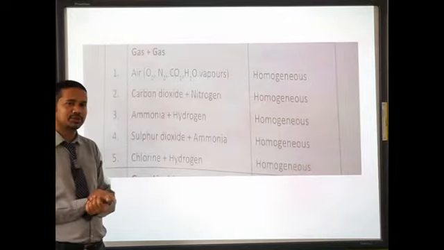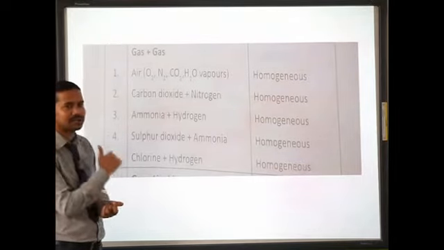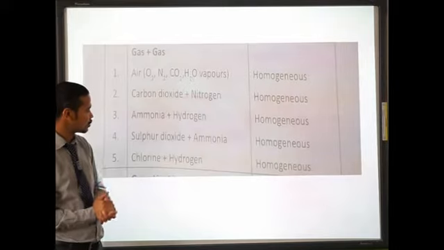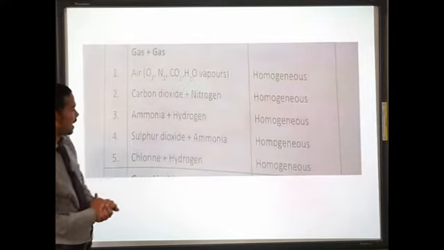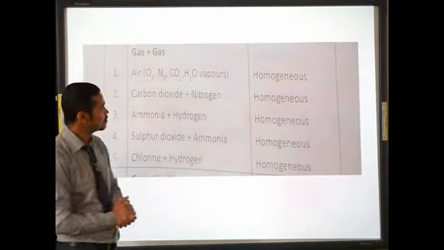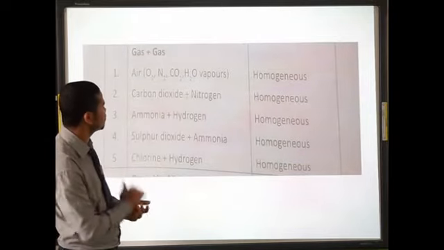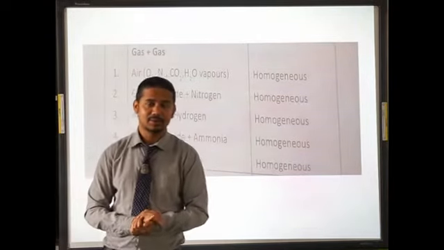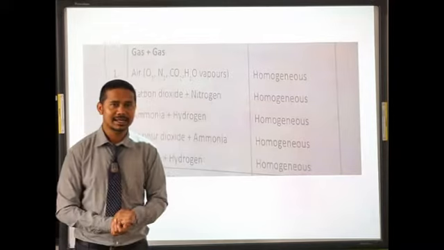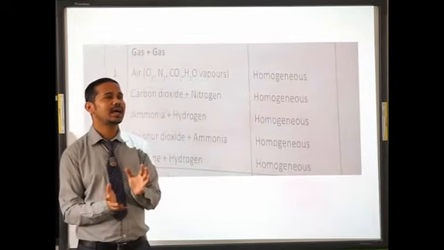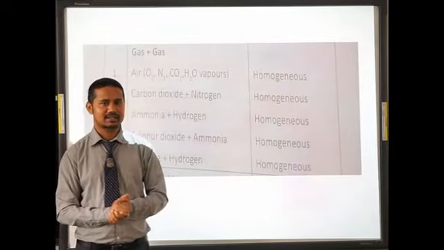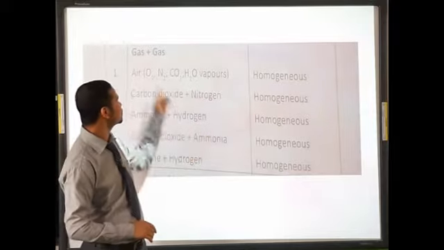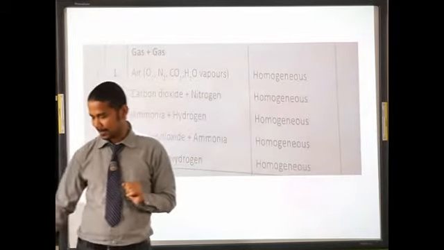This is also a homogeneous mixture. Then sulfur dioxide and ammonia. This is also homogeneous. Then chlorine and hydrogen also is a homogeneous mixture. So these are all homogeneous mixtures of gas and gas. That means gas can uniformly mix with another gas. So there is no heterogeneous mixture from gas and gas.